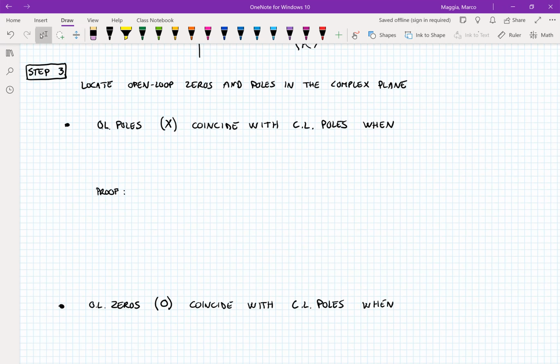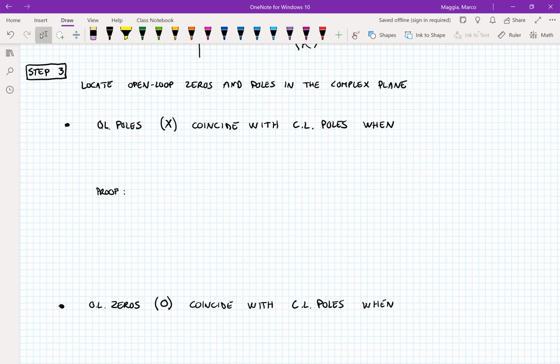We just have to locate such open loop zeros and poles in the complex plane. So just draw them. But here I want to make a couple of considerations which connect the open loop poles and open loop zeros with what we want to find, which are the closed loop poles.